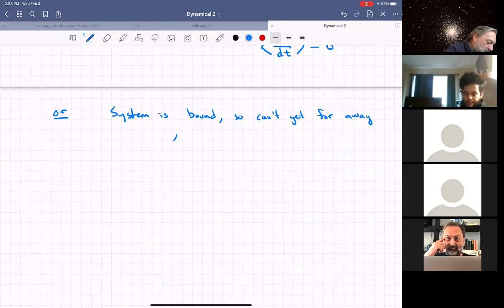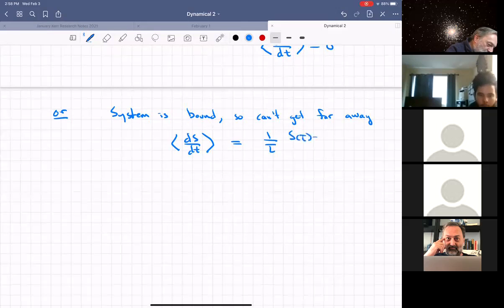Then what I'm going to do is the following. I'm going to say that dS/dt, well, I know that it is 1 over tau times S at tau minus S at 0. Well, I know that that's true, right? And if that's the case and the system is bound, I'm just going to let tau get really big.